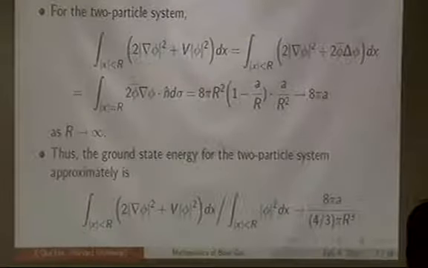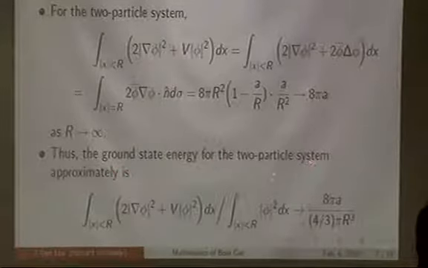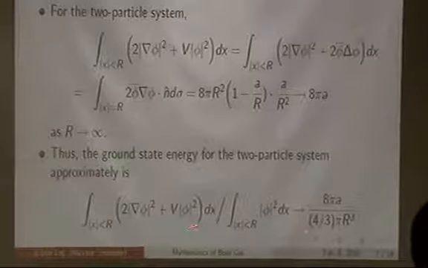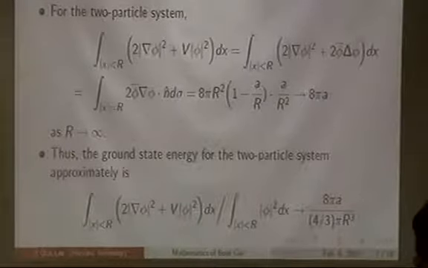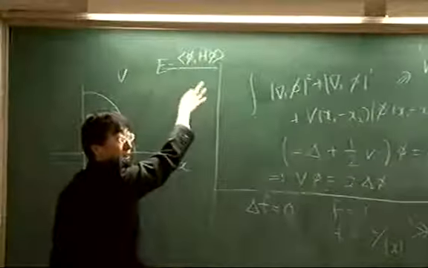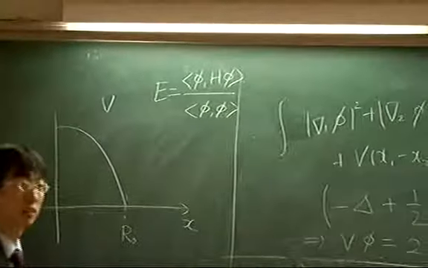So if we want to find the ground state energy for this two-particle system in the ball, then it approximately is this over this. The energy always should be the inner product with respect to H, the expectation value, over the norm squared.